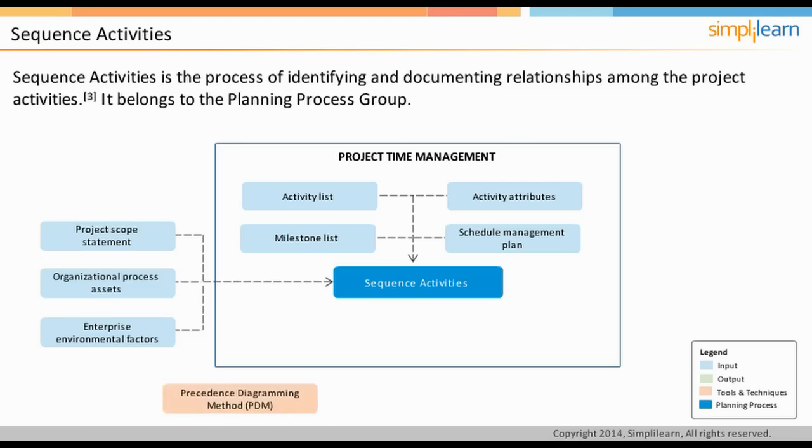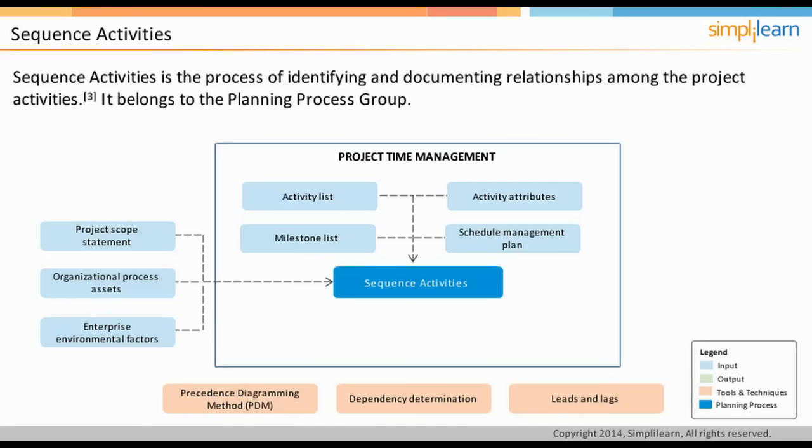In this method, the activities are drawn on a network diagram and all the different kinds of dependencies between the activities are determined. While determining activity dependency, it is important to identify the type of relationship or dependency between the activities. The other technique is leads and lag, which is widely used for sequencing activities.